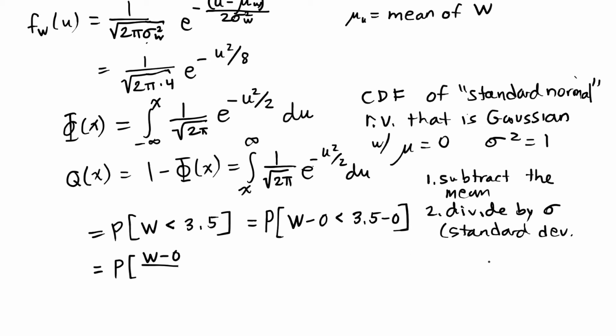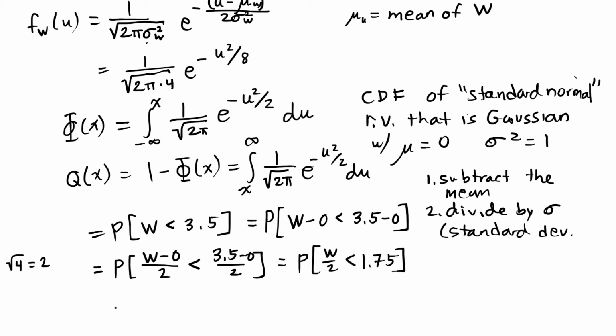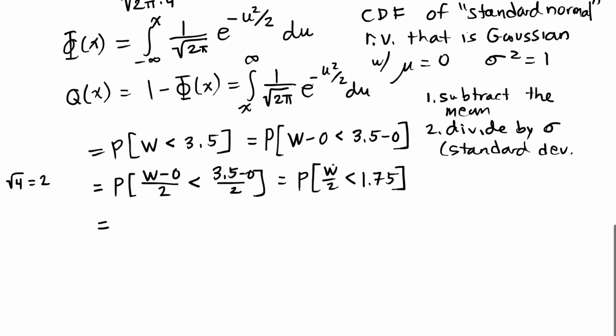The standard deviation here is the square root of 4. So I put 2 in the denominator, and because this is a probability about a standard normal random variable, it is essentially this integral with the little x of 1.75. So what I then do is I get to just write this, phi of 1.75.